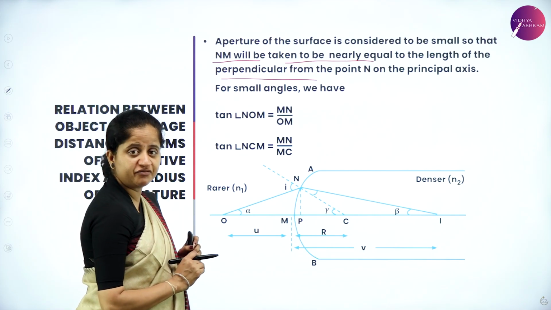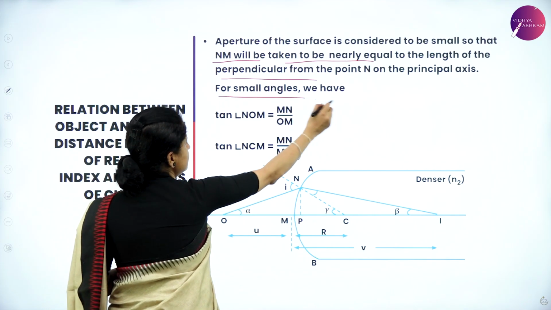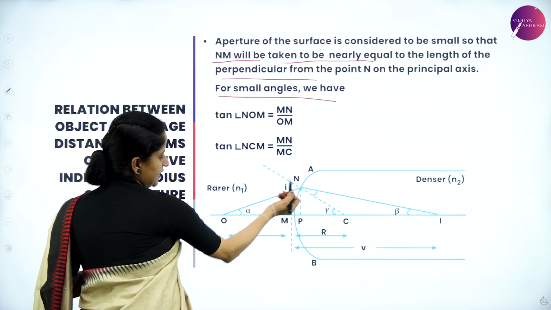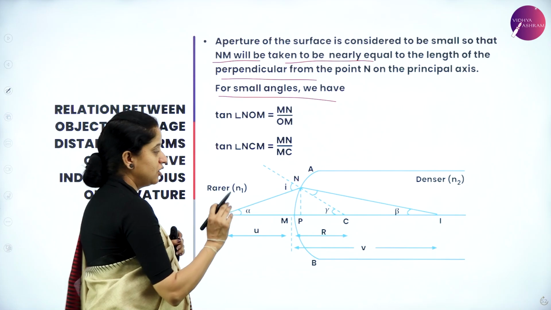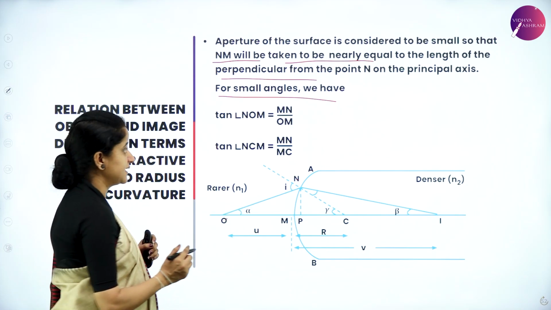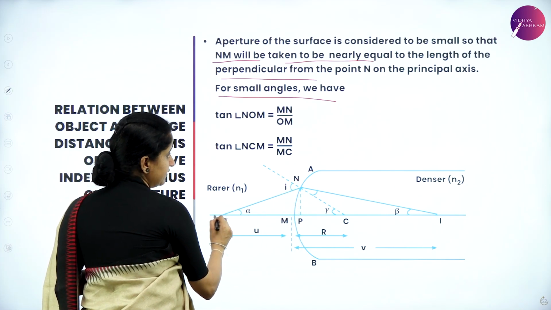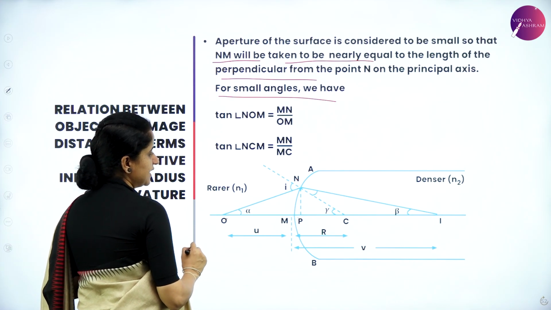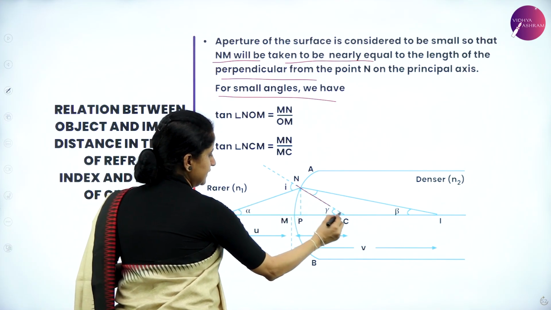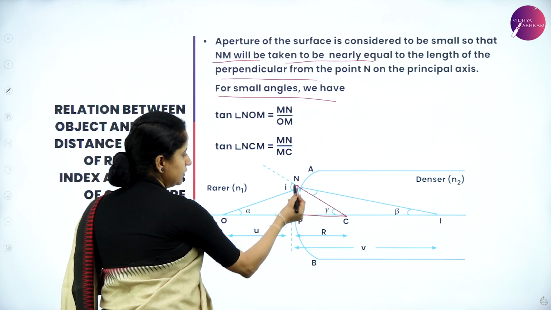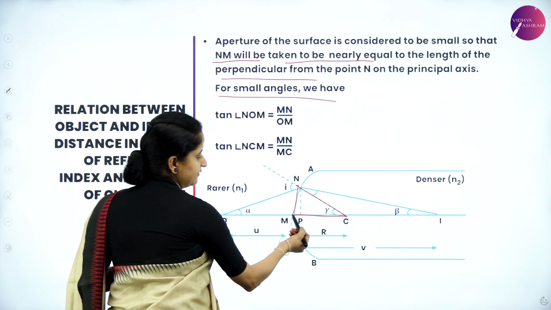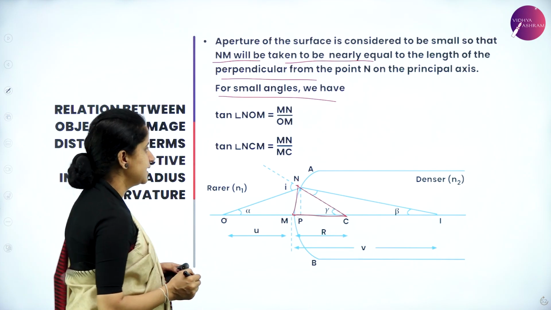We shall now define tan theta. For small angles, we have tan of NOM equal to opposite divided by adjacent, so that is MN divided by OM. Similarly, for triangle NCM, tan NCM is equal to MN, opposite, divided by adjacent, that is MC.